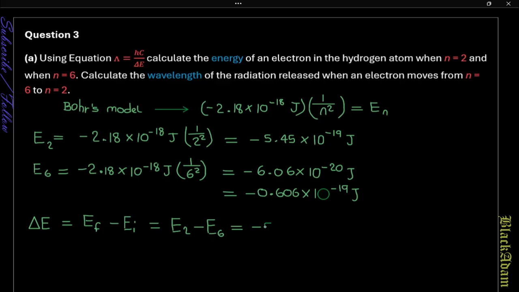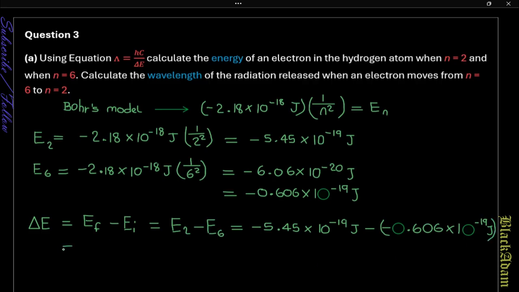E2 gives us negative 5.45 multiplied by 10 to the power negative 19 joules, all that minus E6, which is also a negative value, negative 0.606 multiplied by 10 to the power negative 19 joules.